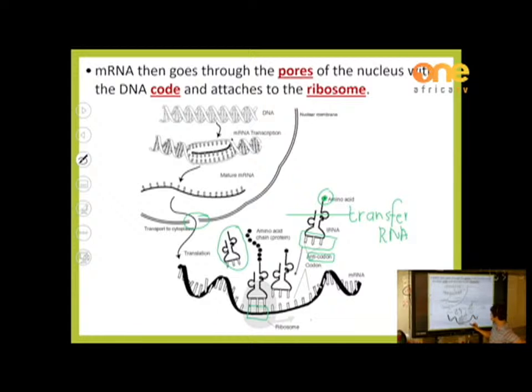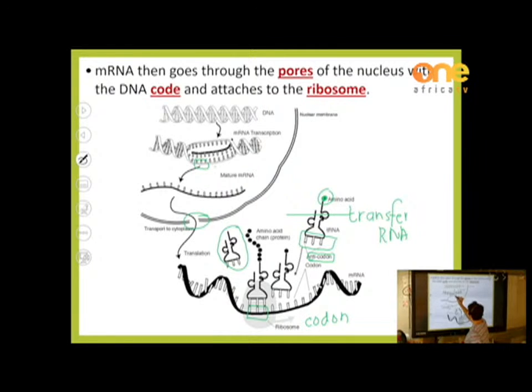On the mRNA, we have a codon. And just to help us remember that it is 3, they call the 3 that belong together to form a codon to fit a specific anticodon.